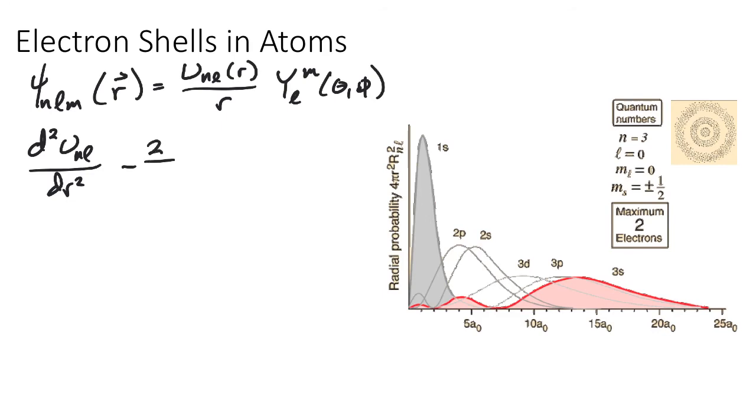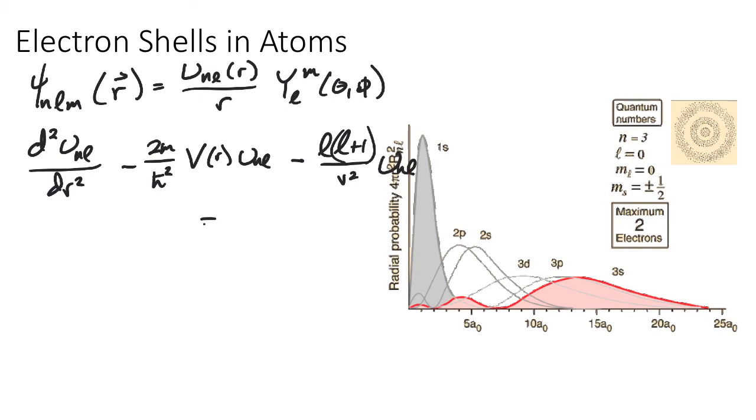minus 2m over h bar squared V of r u_NL, also of r, minus L times L plus 1 over r squared times u_NL.